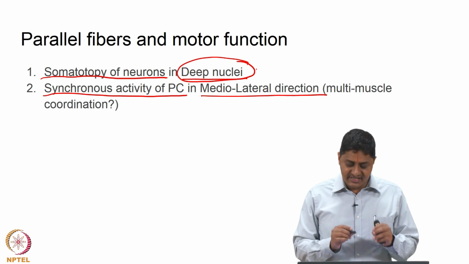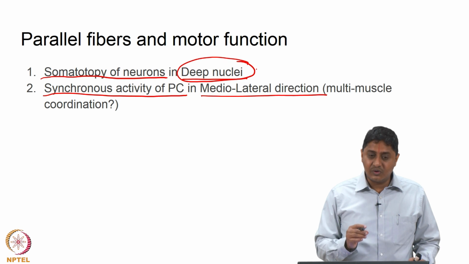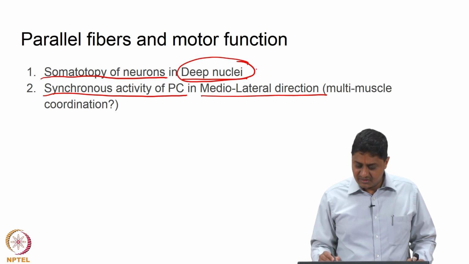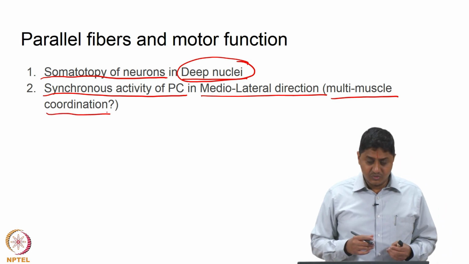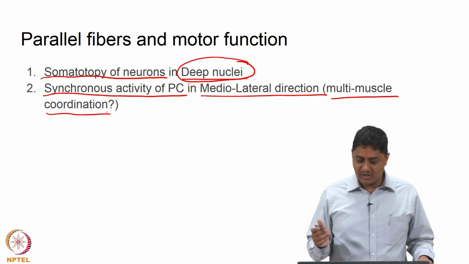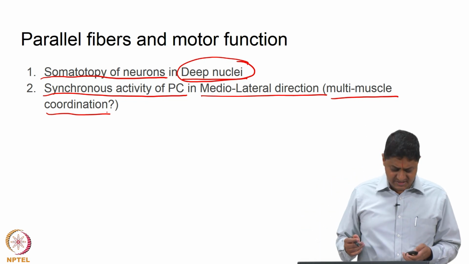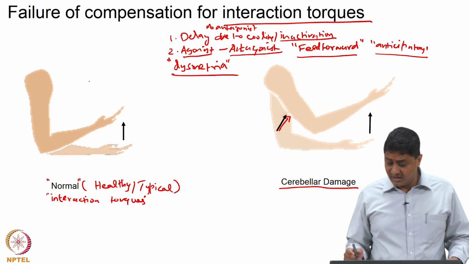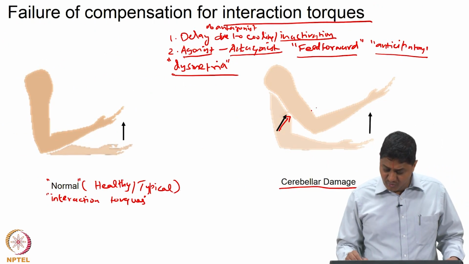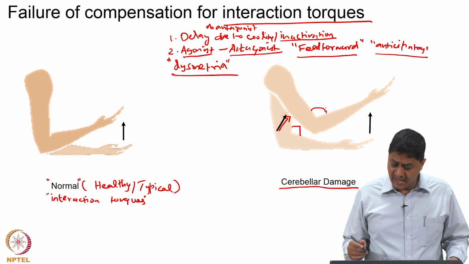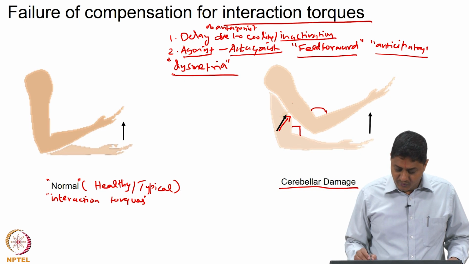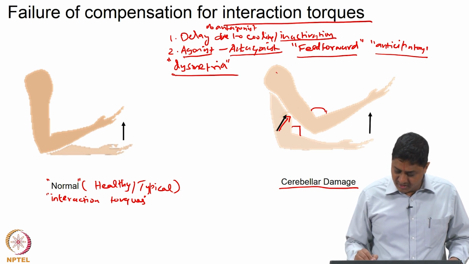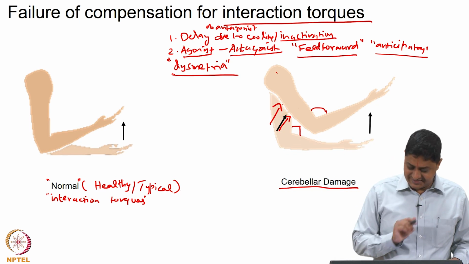So, when Purkinje cells are active synchronously in the mediolateral direction, that probably means there is an attempt to coordinate muscles at multiple levels, and this is what we just discussed in the previous slide, right. Here, the change in this joint angle from about 90 degrees to an acute angle is due to different muscles, biceps and triceps, whereas that movement of the shoulder is due to different muscles, right.